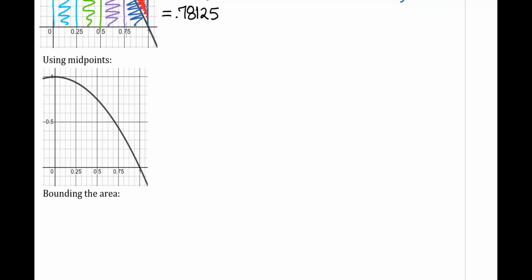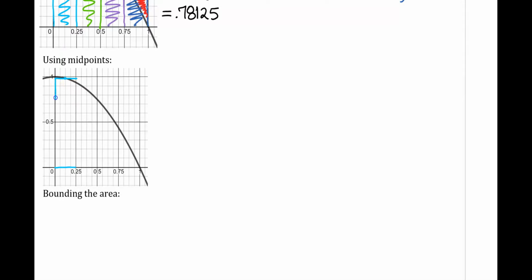So using midpoints, our rectangles are still going to have the same width of 0.25. So our first rectangle is still going to run from 0 to 0.25, but midpoints mean that I want this rectangle not to hit on the left, not to hit on the right, but to hit in the middle of the function. So I want the rectangle to hit right there.